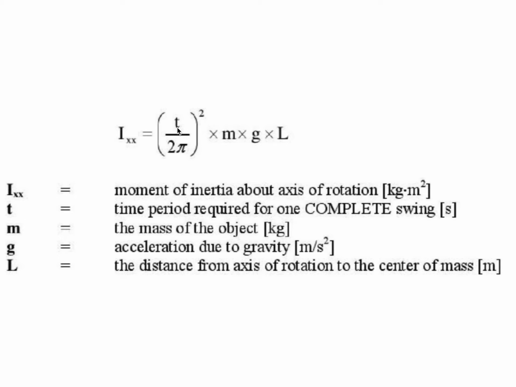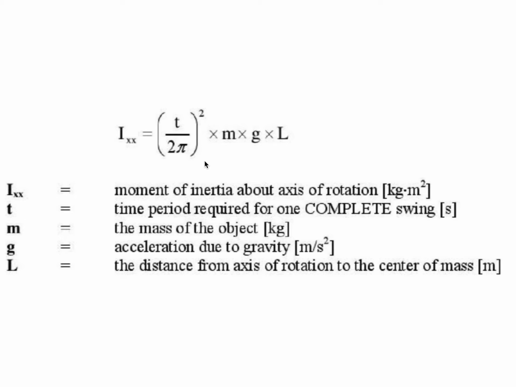The time for a complete swing will be T. That means from the original place, swinging over and coming back is a complete swing, and the time that takes is T. Divide by 2 pi and square that. I know it's hard to imagine, but just remember this equation, and when you watch the next video, you should get a better idea of what it looks like.